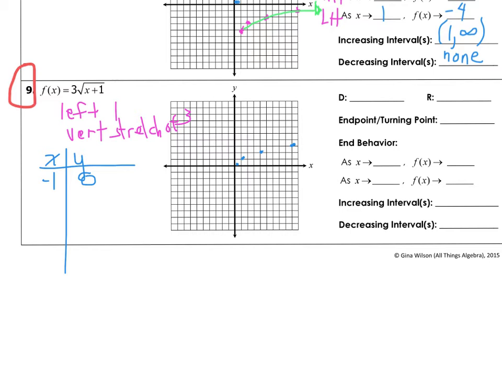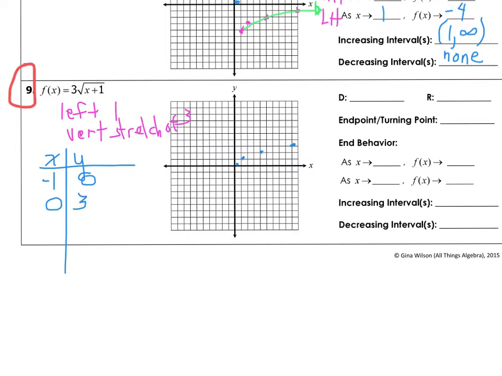The next value to the right, because I know the graph is going to go to the right, is 0. If I put 0 in here and add 1 to it, I get 1. Well, 1 is a perfect square, so I can let x be 0. 0 plus 1 is 1. Square root of 1 is 1. Times 3 is 3. So that point will fit on my graph.